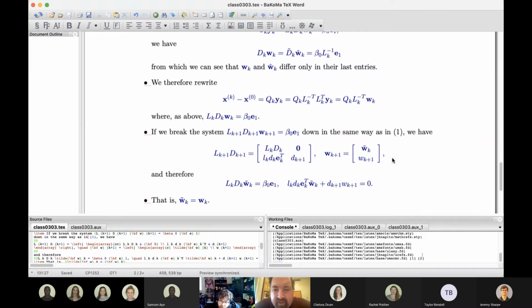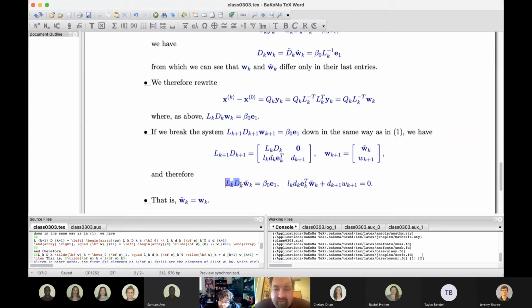Now, what happens if I do the same thing as before? I multiply these out. I get LKDK WK tilde plus 0 times this. So I only have this on the left side. And that's equal to the right side that I had.